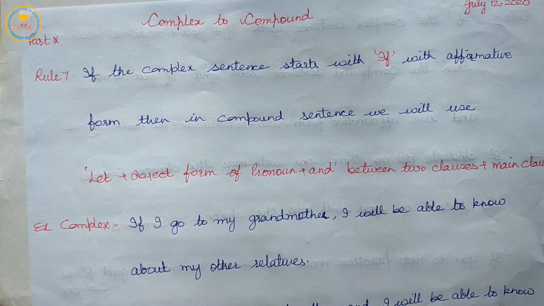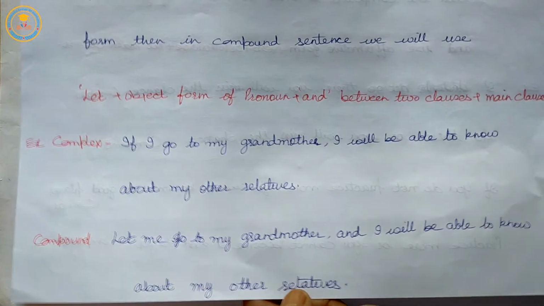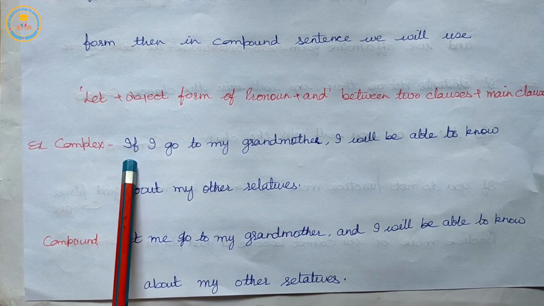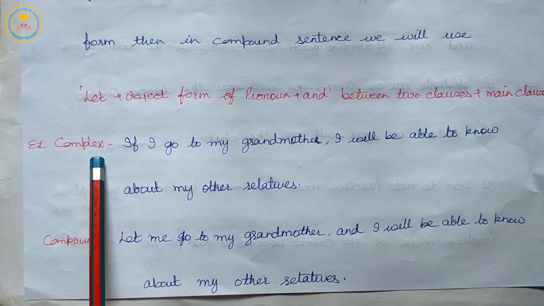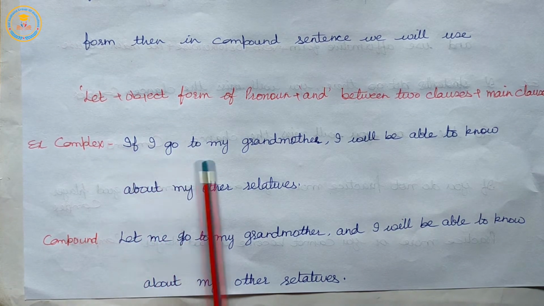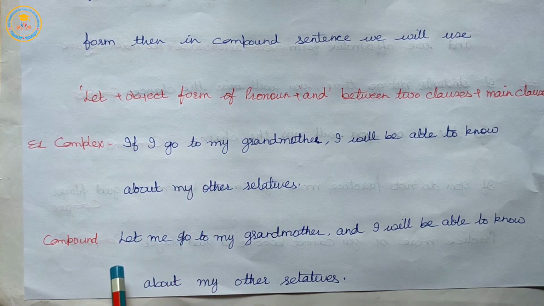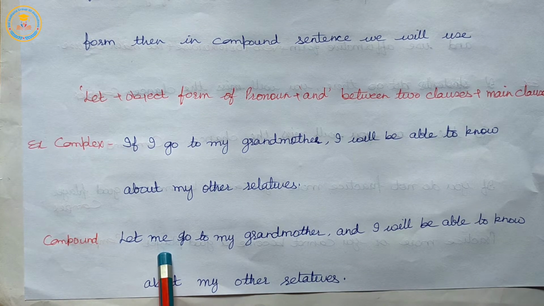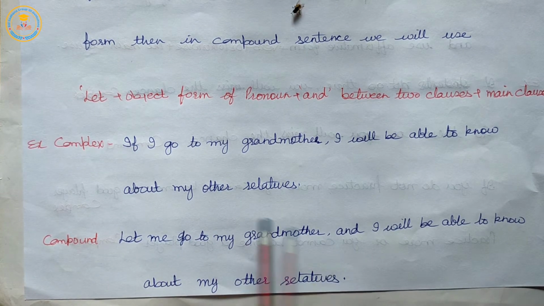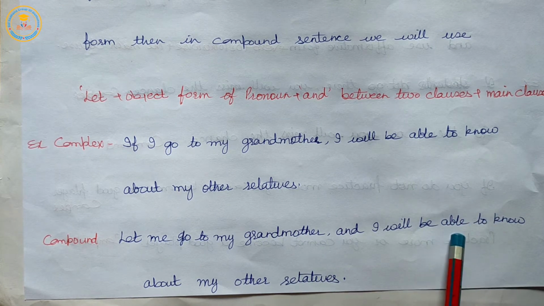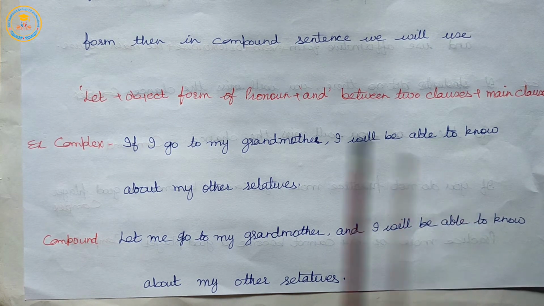Listen carefully. If the complex sentence starts with if with positive meaning or affirmative form, then the compound sentence will start with let plus object form of pronoun plus and between the two clauses plus main clause, the rest part of the sentence.